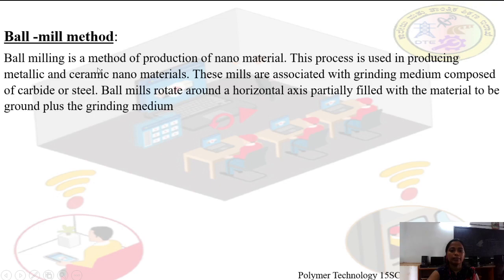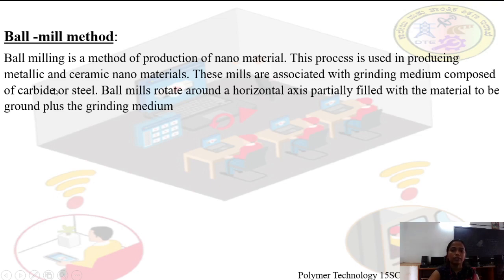Ball milling is a method of production of nanomaterials. Nano means small materials. This process is used in producing metallic and ceramic nanomaterials. These mills are associated with a grinding medium composed of carbide or steel.